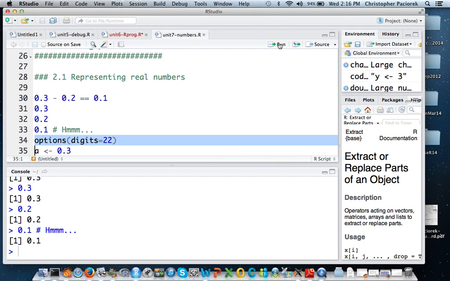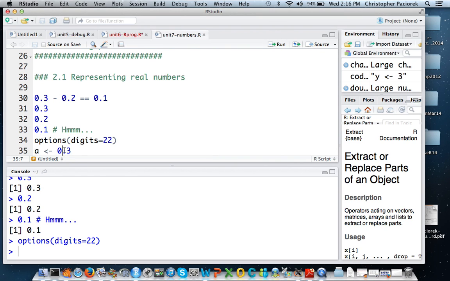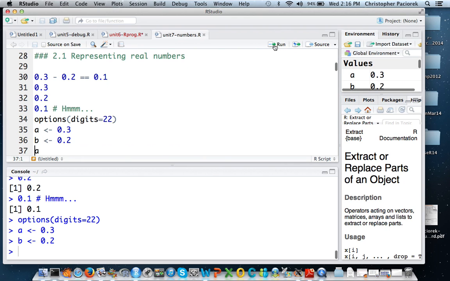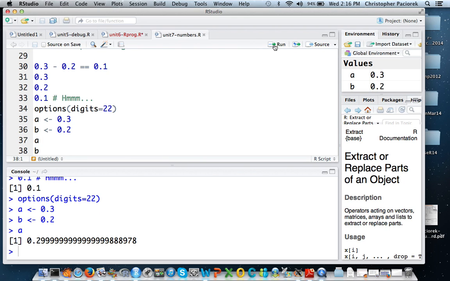So I'm going to change it to be 22 digits. Now I'm going to set A to be 0.3, set B to be 0.2, and look and see what A is. And now we start to get a sense that something is going on that maybe we're not fully understanding. This number is indeed very, very close to 0.3, but it's not exactly equal to 0.3.